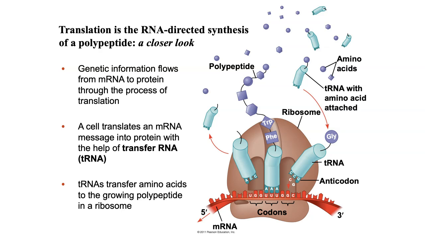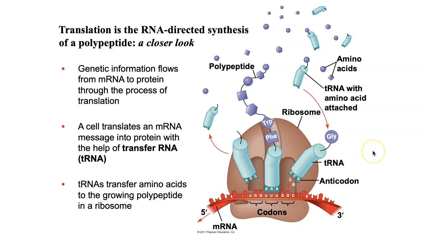And we can actually see all three types of RNA in this image right here. This red ribbon is of course the mRNA. Here's our 5' end, here's our 3' end. This two-segmented brown thing is called the ribosome. We're going to get into the ribosome in a minute, but the ribosome, if you recall from chapter 6, is made up of rRNA. R means ribosomal, so ribosomal RNA makes up the ribosome.